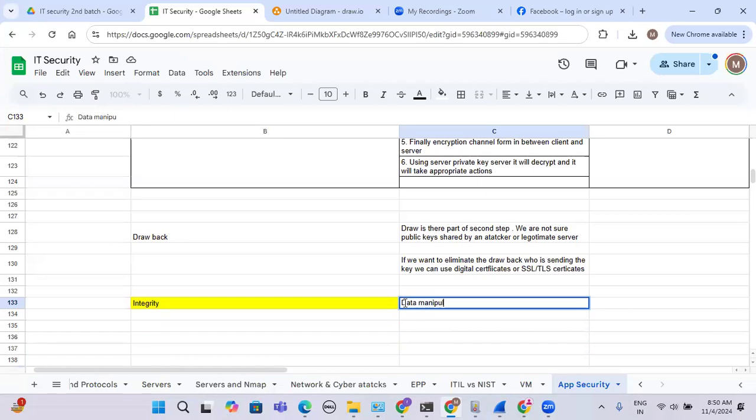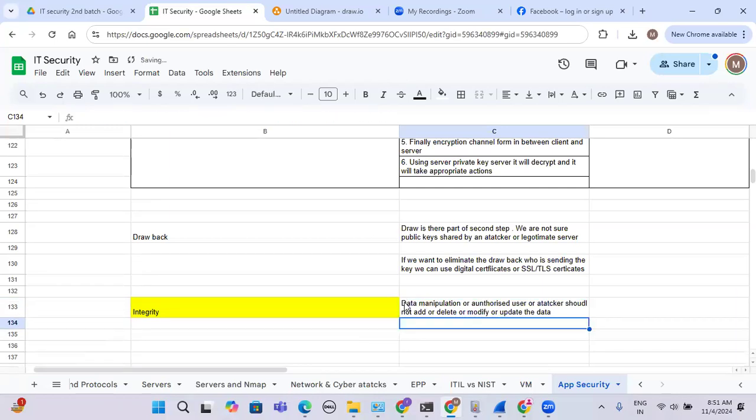An unauthorized user or attacker should not add, delete, modify, or update the data. So that is called integrity.